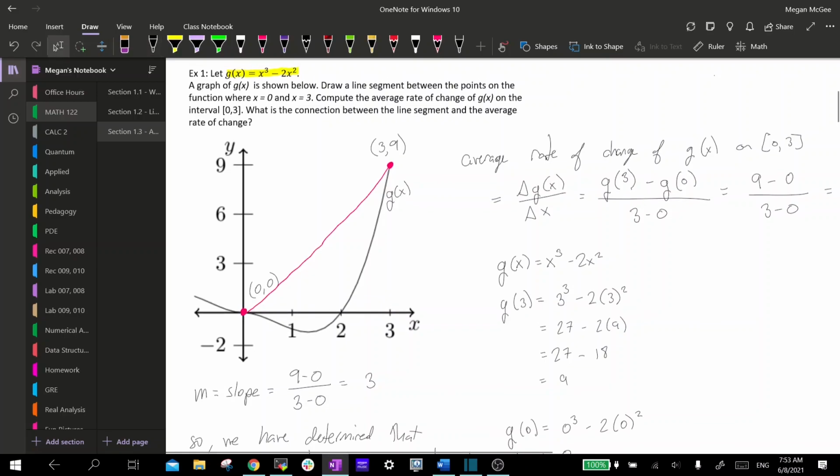Alright, and we can look here and see that having a positive number makes sense because our function is decreasing here, but then our function is increasing here, and it's increasing seemingly a lot more than it was decreasing. So the average rate of change is basically saying, over this interval between 0 and 3, what is it doing more of?